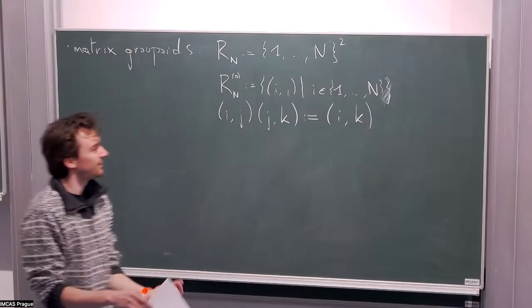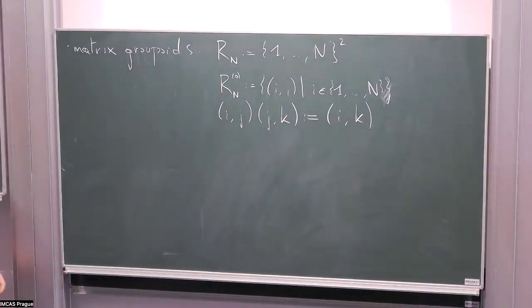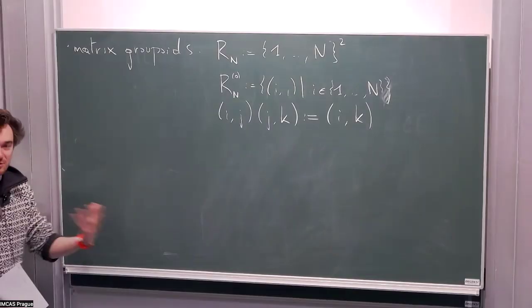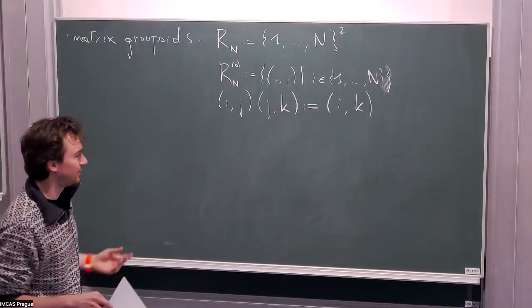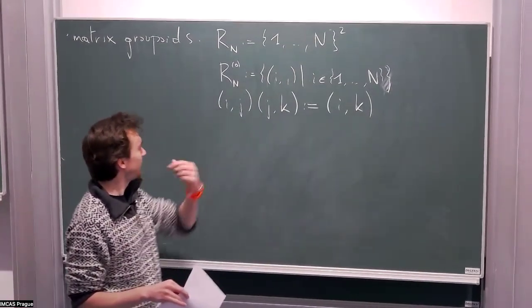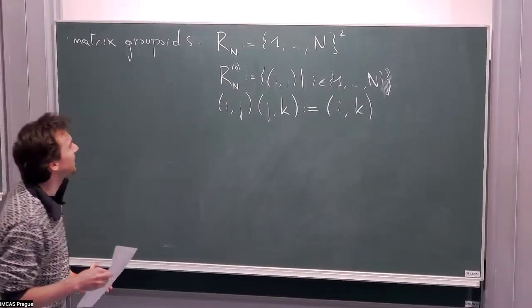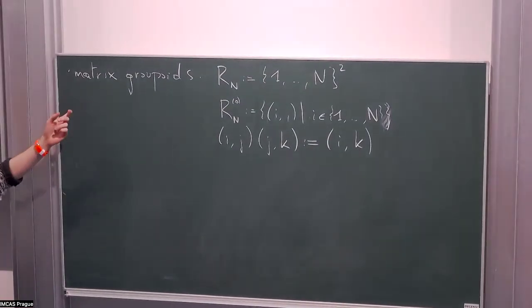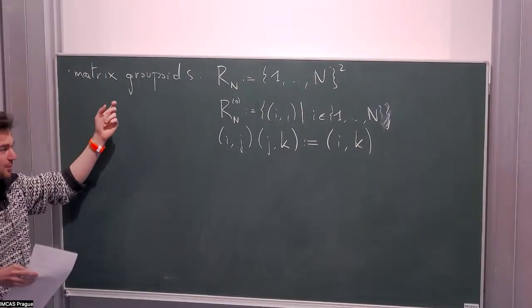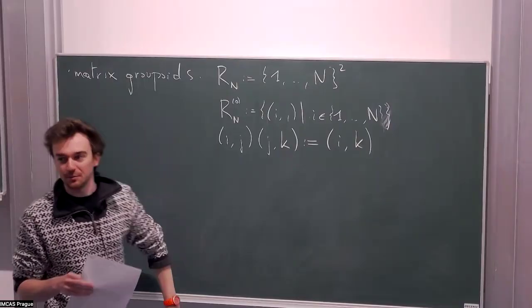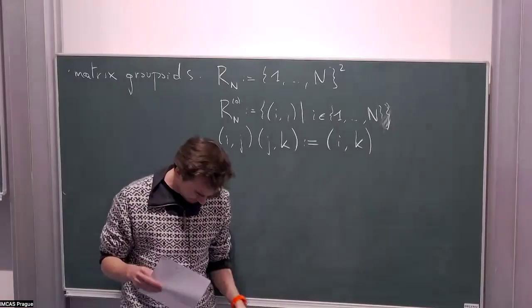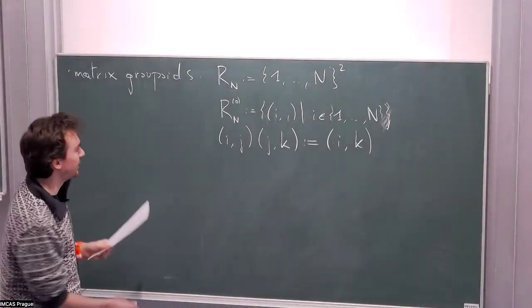And so this is already quite reminiscent of how the matrix units inside the n by n matrices act. And in fact, as it will turn out, the corresponding C-star algebra will be the n by n matrices.